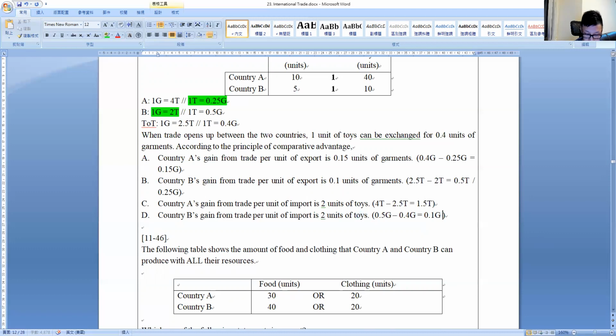Then how do we convert? After the conversion, it should be 0.4 G, T, right? But let me tell you how to do it later. Oh, actually, no, this is not 0.4. Sorry, it should be 0.2 T. Again, we will talk about that later.